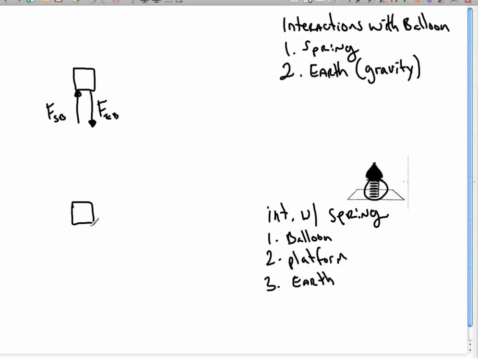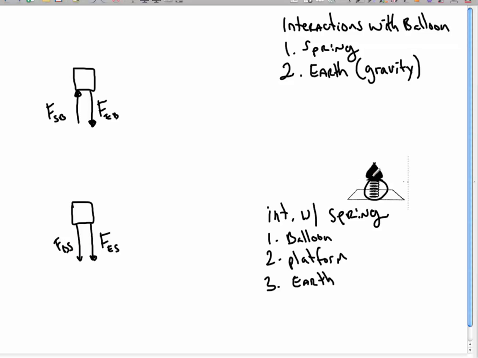So, we do this, and this we can label force, earth, spring. So this is the force of the earth on the spring, or in other words, the interaction between the earth and the spring. Here, we're going to have force balloon on spring.